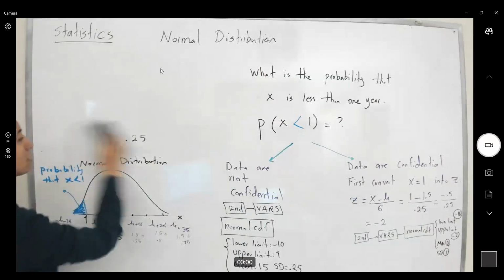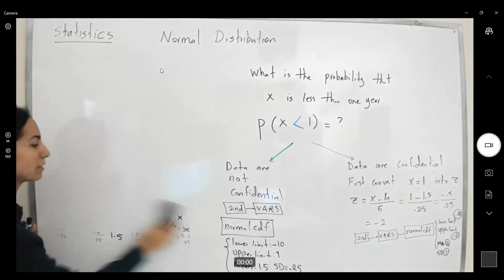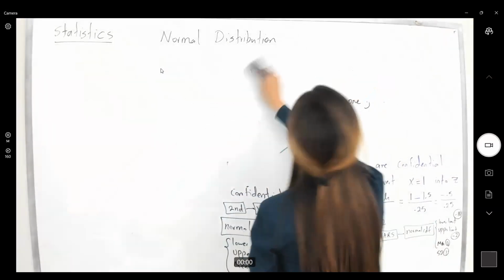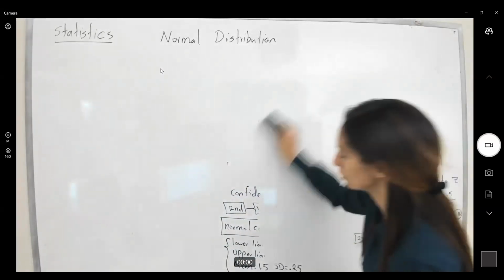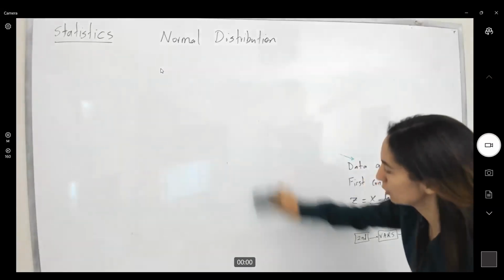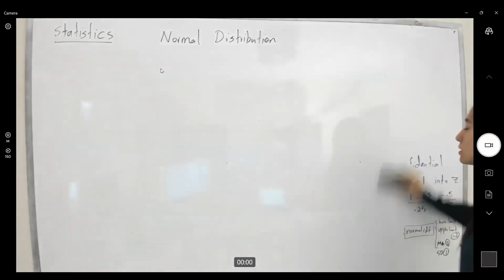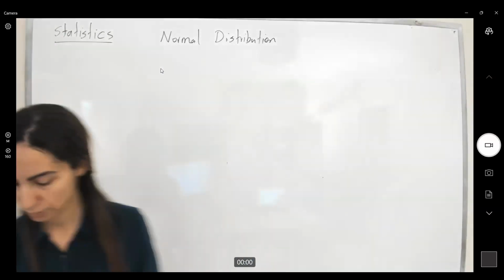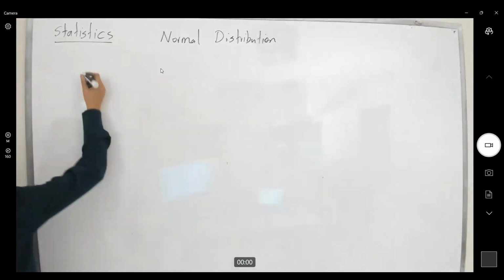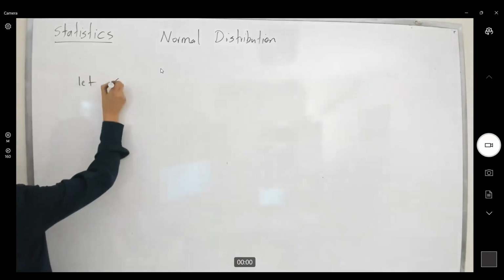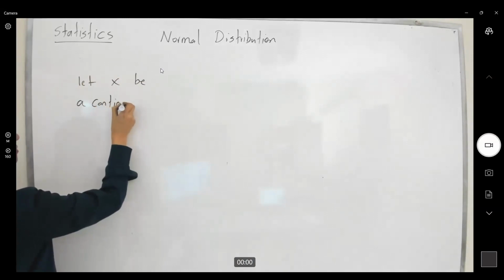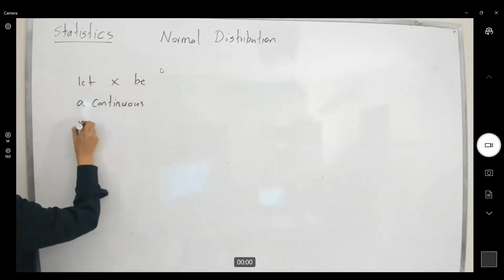So remember that we said that suppose X represents a continuous random variable, and suppose you want to convert that into a standardized data type, a Z value, Z score. So let X be a continuous random variable.